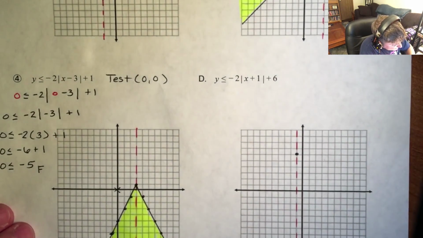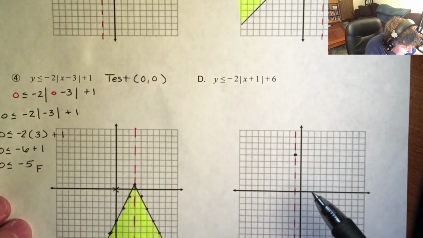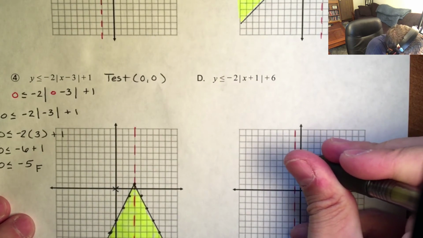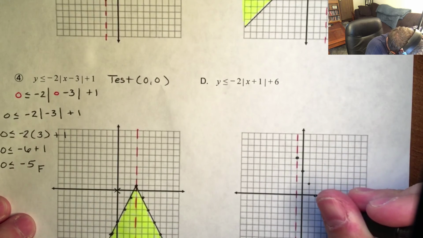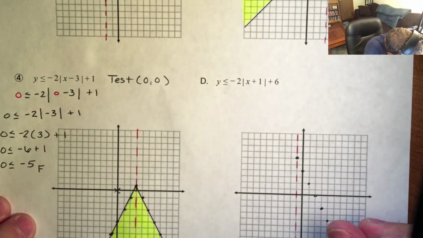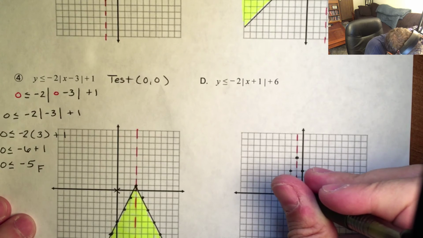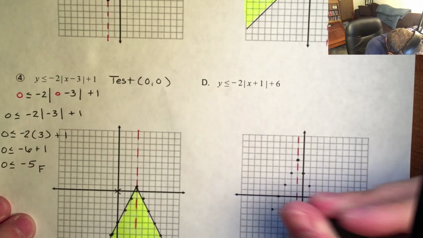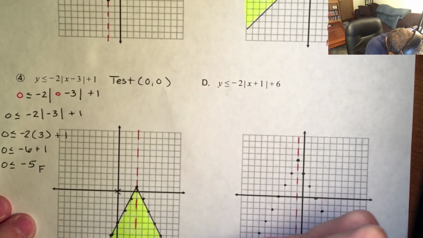Okay, and then it's going to open downward, down 2, right 1, and let's keep this pattern going. And then kind of the opposite of that on the opposite side here, because it is symmetrical.